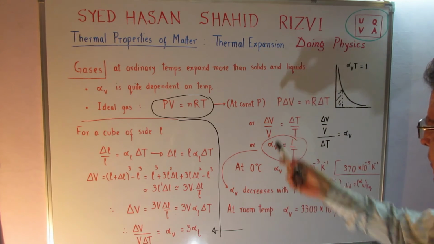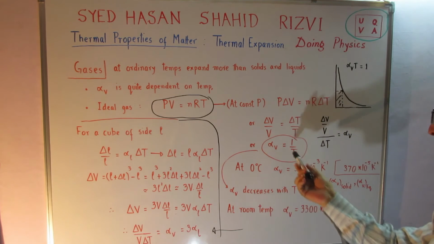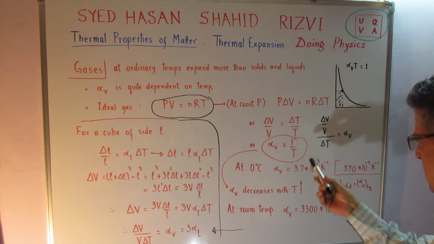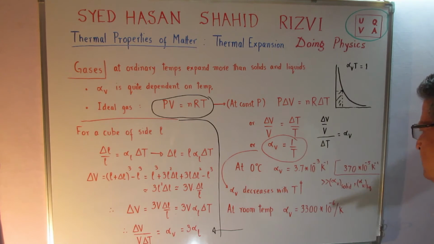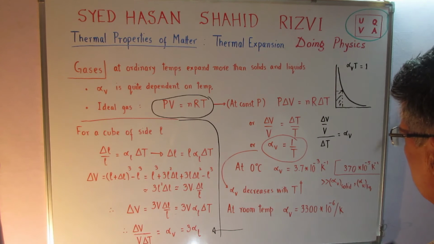So under those conditions, alpha V is inversely proportional, equal to 1 upon capital T.